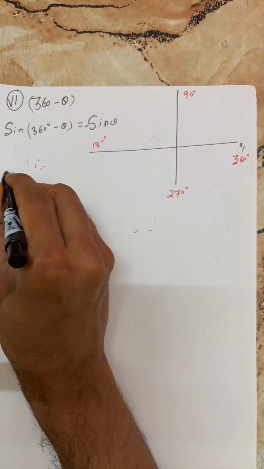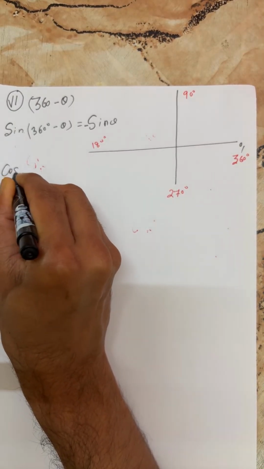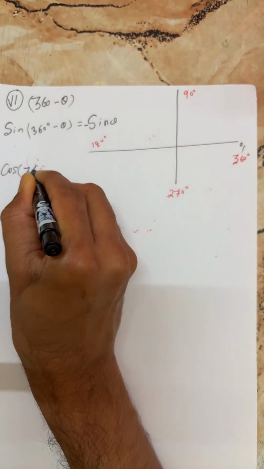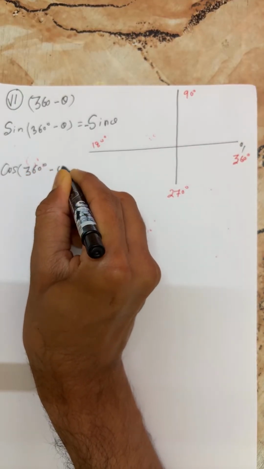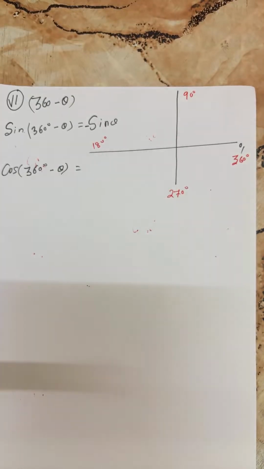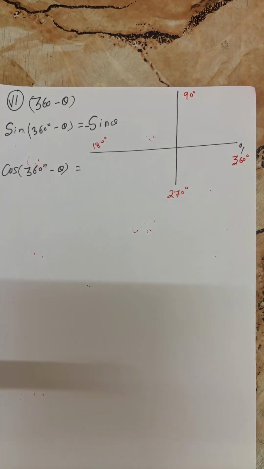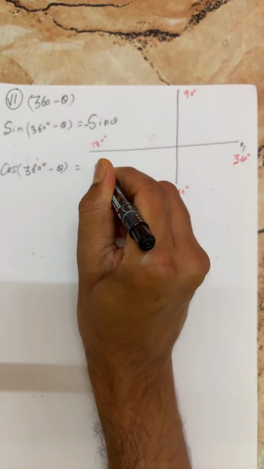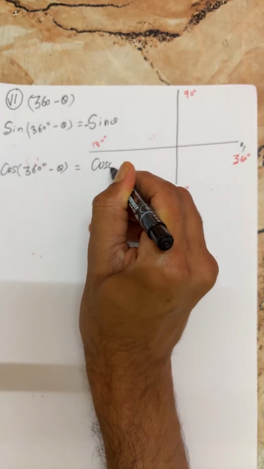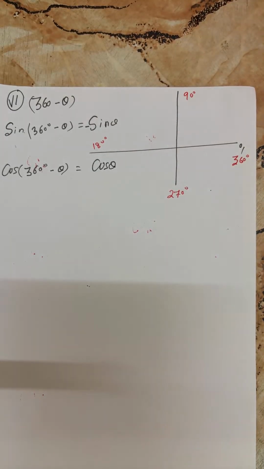Okay, next. Cos of 360 minus theta. Tell me, we are pretty sure this will come as it is, cos only.